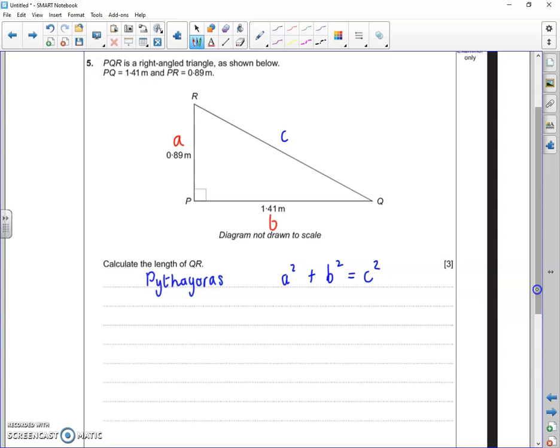Now we've got a and b, so this is adding in Pythagoras, and you're going to need to do the square root. So 0.89 squared plus 1.41 squared comes out as 2.78.